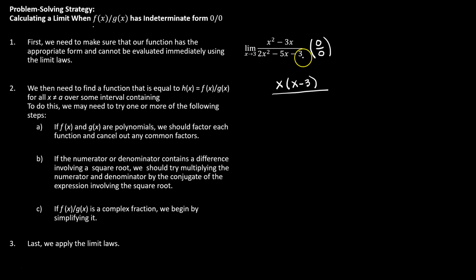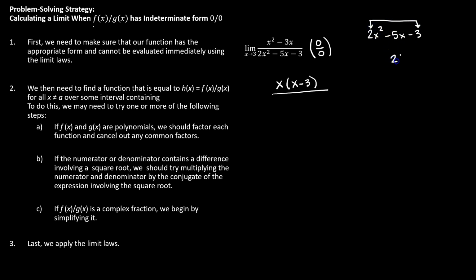In the denominator, I have a trinomial, and maybe it's been a while since we factored trinomials, but I'll show you how I like to factor them. So I have 2x squared minus 5x minus 3. I take the coefficient on my x squared term and my constant term, and I multiply them together.